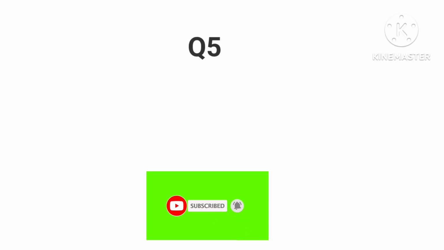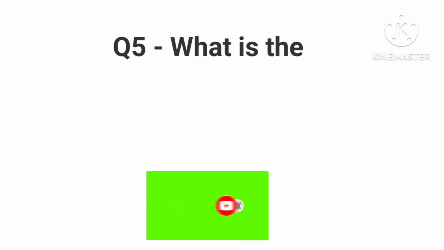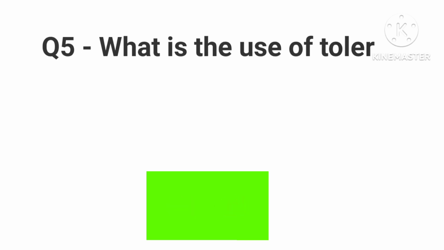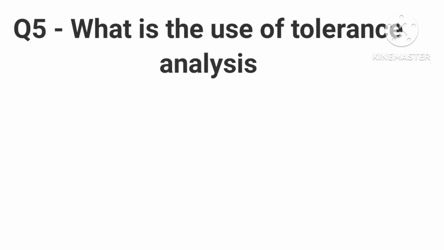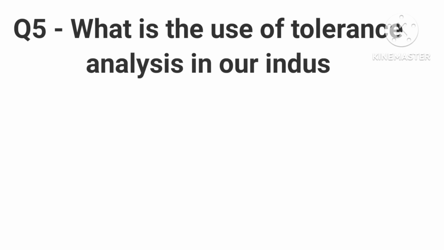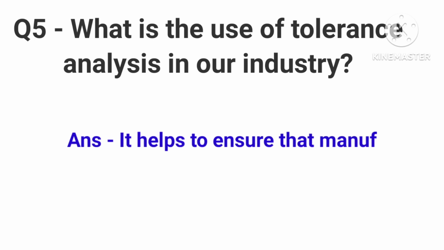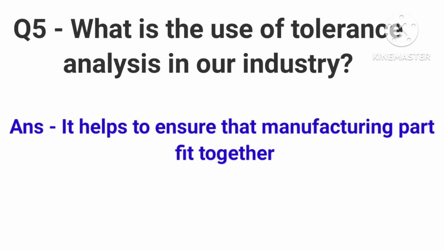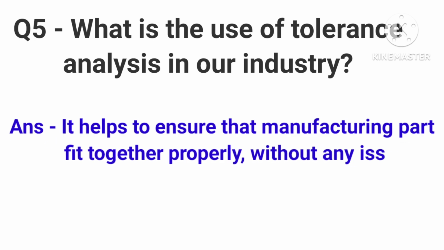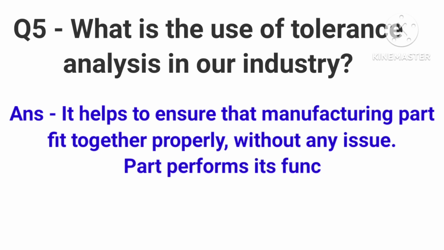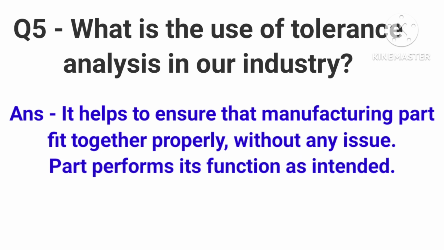Fifth question is, can you please explain the use of tolerance analysis and its importance in our industries? And the answer is, it helps to ensure that manufactured parts fit together properly and function as intended or as decided.